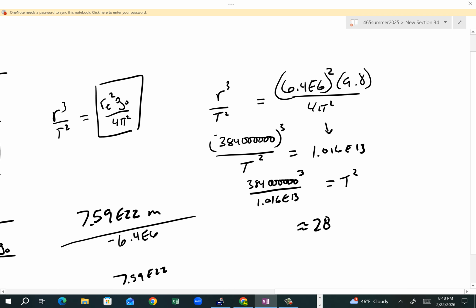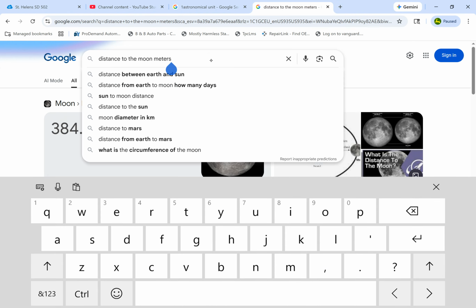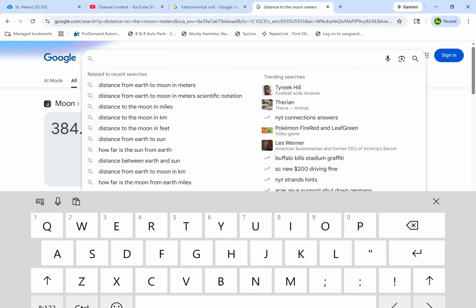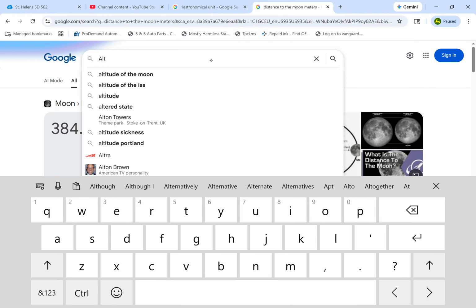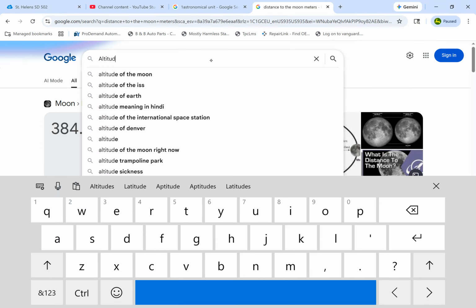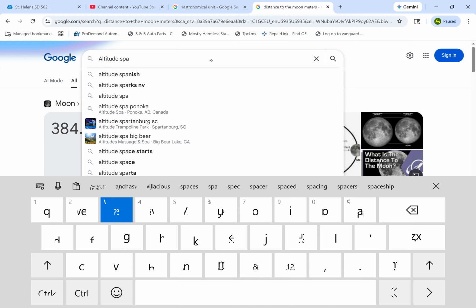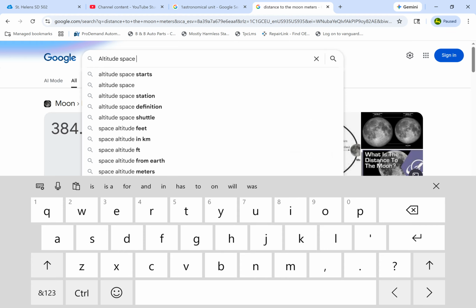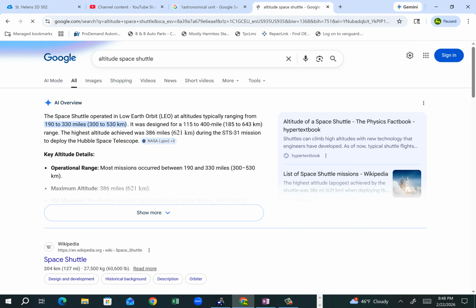What if I put a space shuttle up into orbit? Oh, cool. We'll do that one too, I guess. So the altitude of the space shuttle was roughly 330 miles.